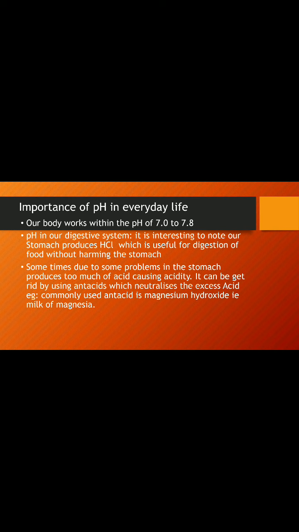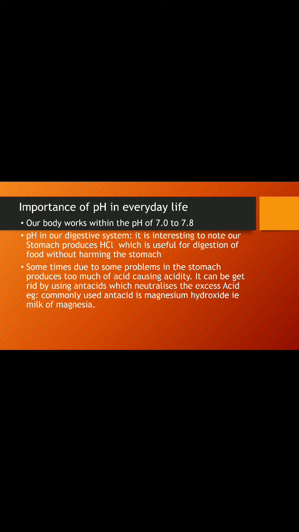One more point to discuss regarding the pH: the pH in everyday life. Our body usually works within the pH of 7 to 7.8. And one more interesting thing to note, our stomach produces HCl.